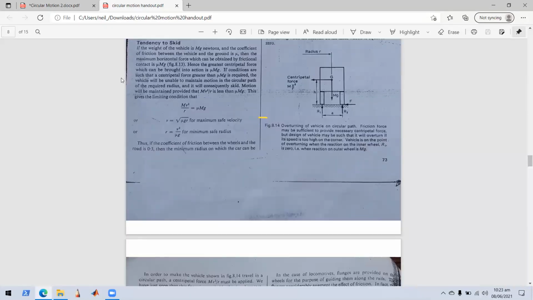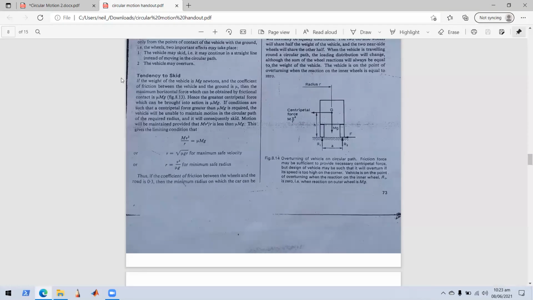Tendency to skid. Yeah, minimum safe radius. Outside of that, yeah, minimum safe radius. It's like the same thing. Minimum safe radius, huh?